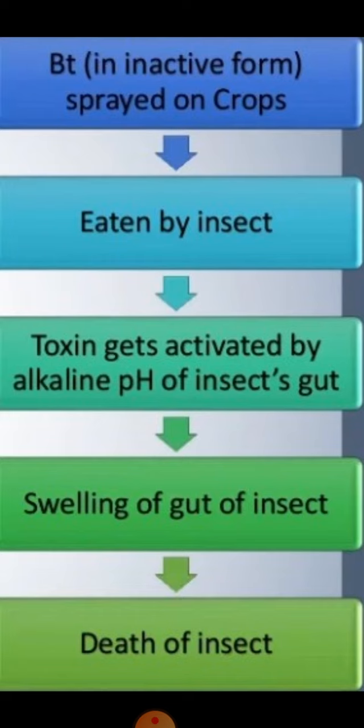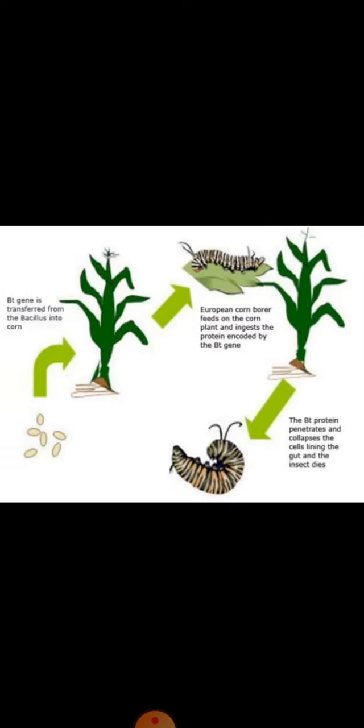Lysis is the breakdown, and all these activities eventually cause death of the insects. So this is how the Bt toxin works and it protects the crop from insects.